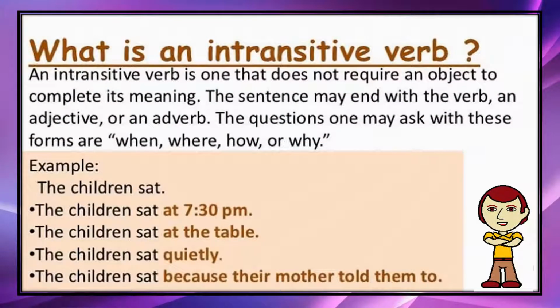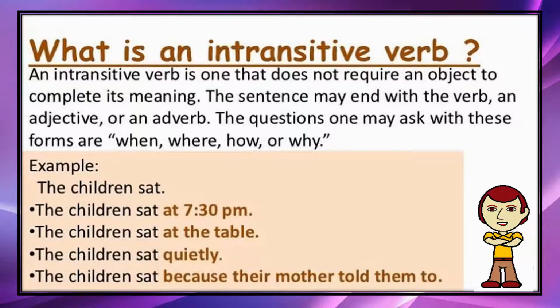Now let's see what an intransitive verb is. An intransitive verb is one that does not require an object to complete its meaning. The sentence may end with a verb, an adjective, or an adverb. The questions one may ask with this form are when, where, how, or why.